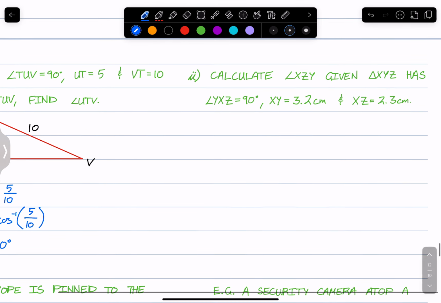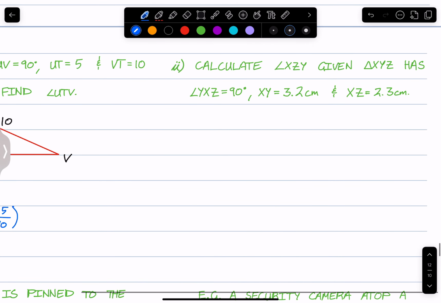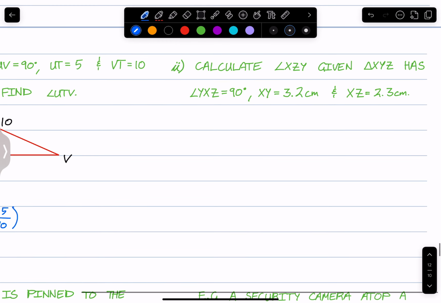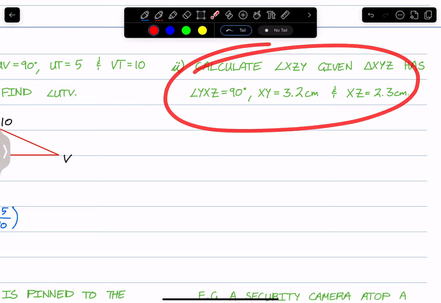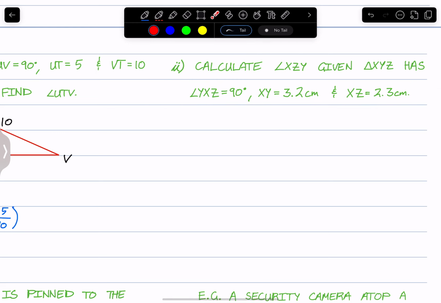Let's now tackle the second. You can, of course, pause and give this a go yourself. So here we go. Let's calculate angle XZY given triangle XYZ. I know there's a lot of letters going on here, but let's break this down.